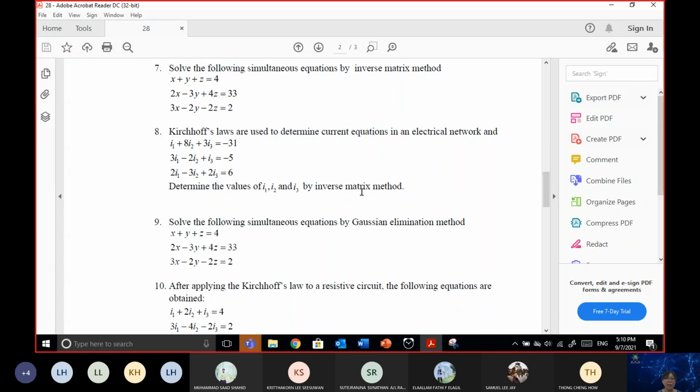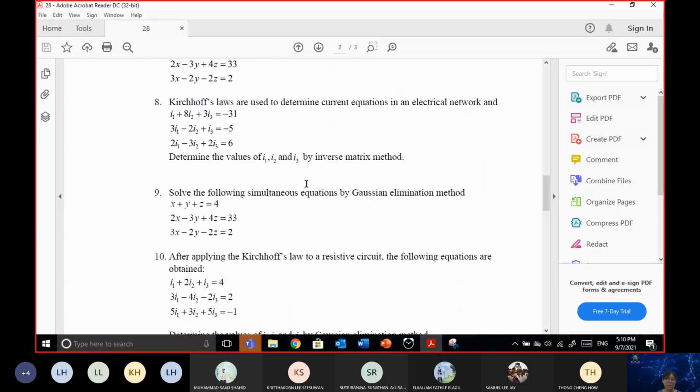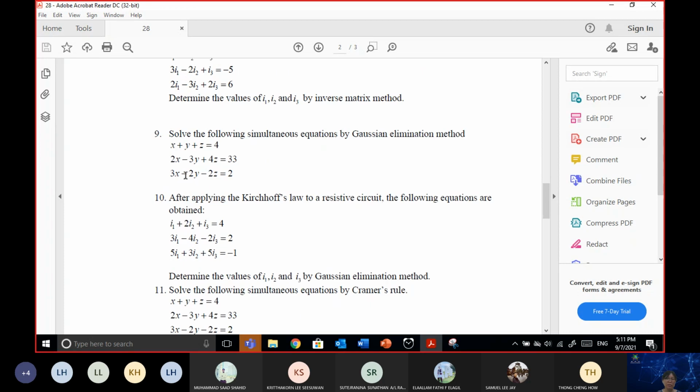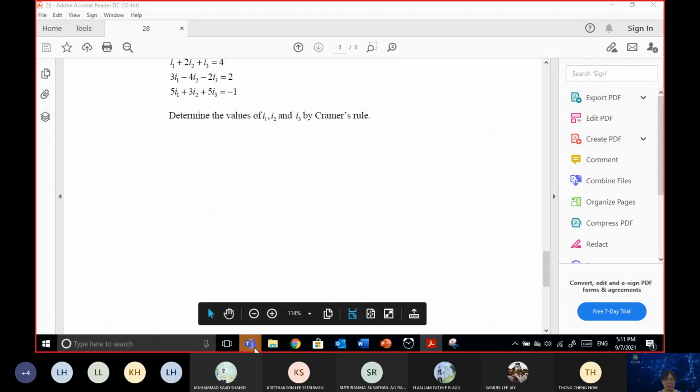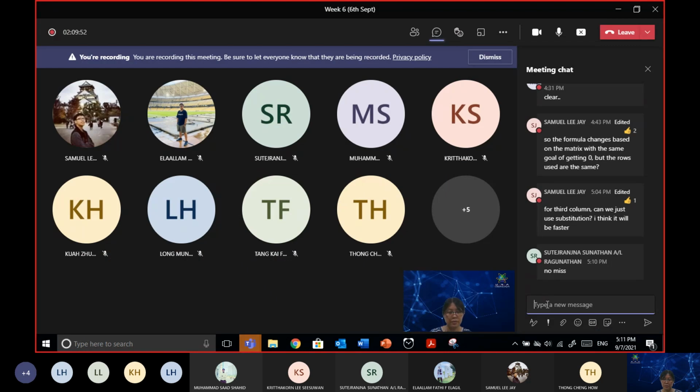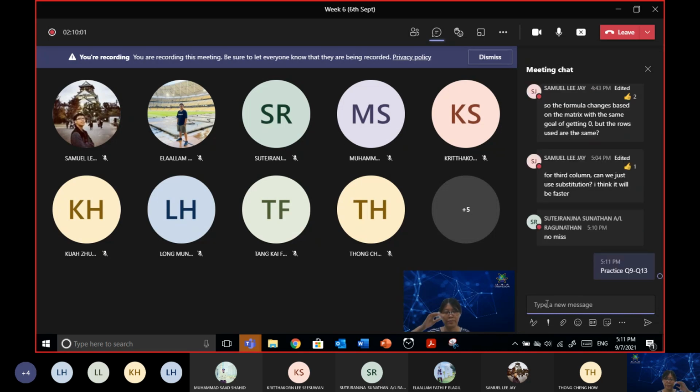Yesterday we did up to question 8 using the inverse matrix method. So now you need to solve the rest of the questions, number 9 to 13. Questions 9 to 13.